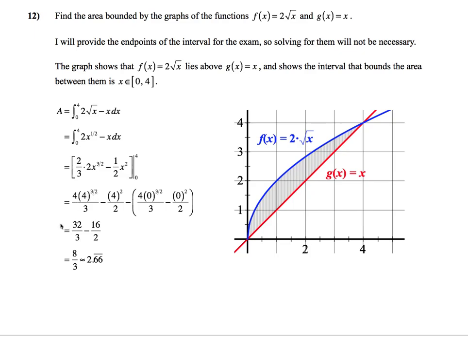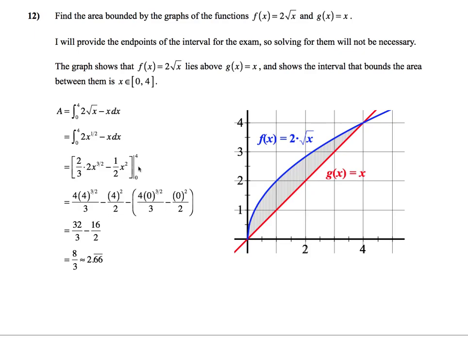If you don't understand what I'm saying, you can always just put this in your calculator as 4 raised to the 3/2. And if you have any question on how you do that with your calculator, you can text me or email me, and I'll give you the keystrokes for your particular calculator. So this fraction is 32 over 3. This one is 4 squared, which is 16, so 16 over 2.